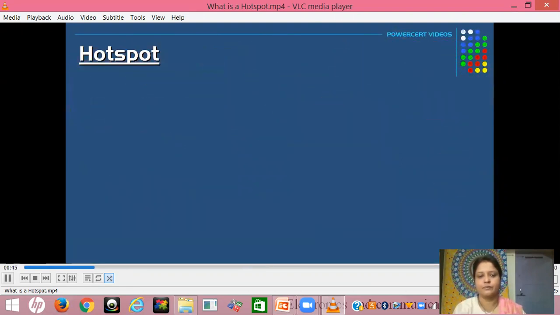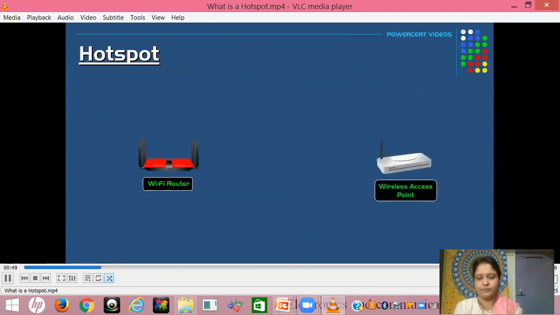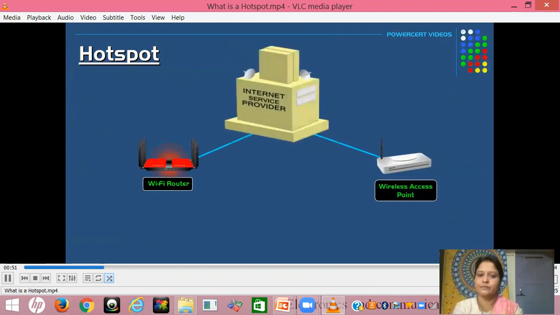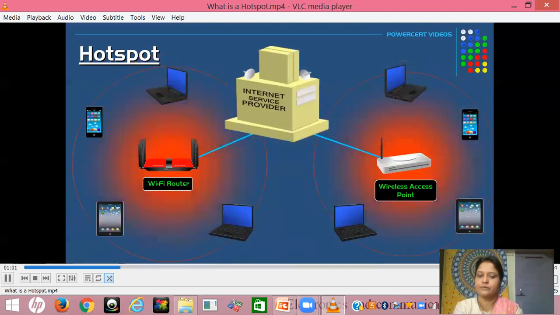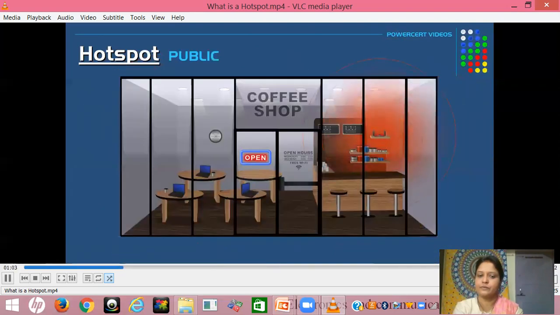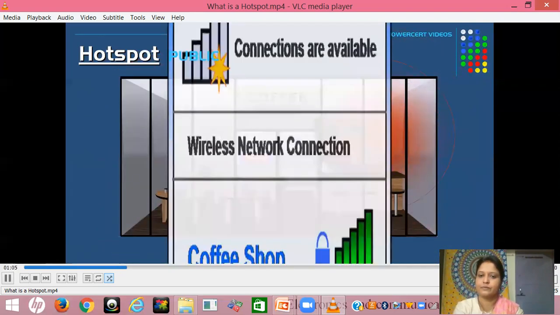But anyway, hotspots are created with a Wi-Fi router or a wireless access point that's connected to an internet service provider. And these routers and access points will broadcast a Wi-Fi signal so that people nearby can connect and access the internet. And you would connect to these hotspots just like you would with any other Wi-Fi network.